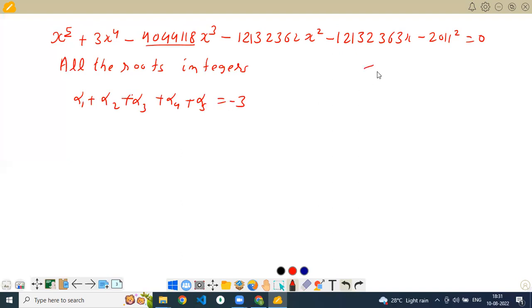We know that the summation of alpha i is minus a to the power n minus 1 upon an. So a to the power n minus 1 is 3 and an is 1 here. And this is actually a boon for us. The roots will be minus 1, minus 2, plus 1, plus 2, whatever.